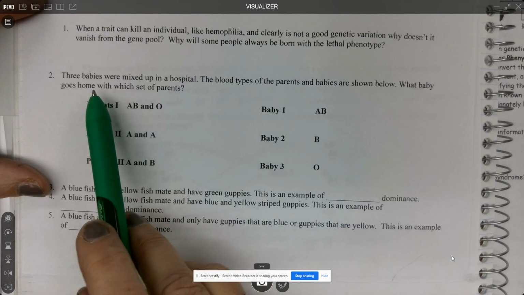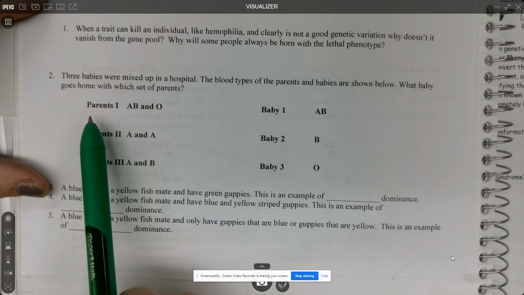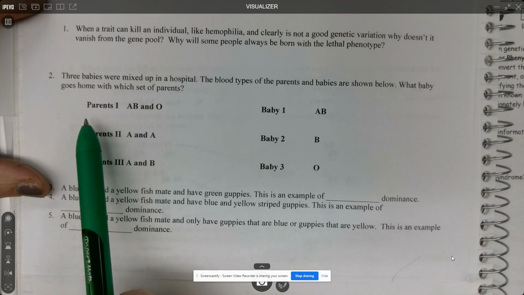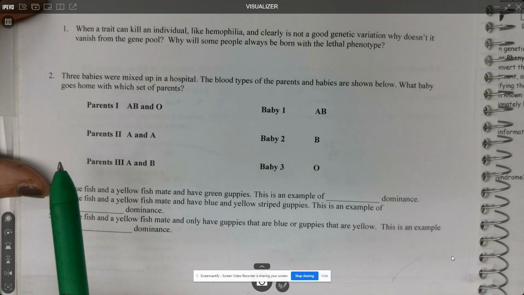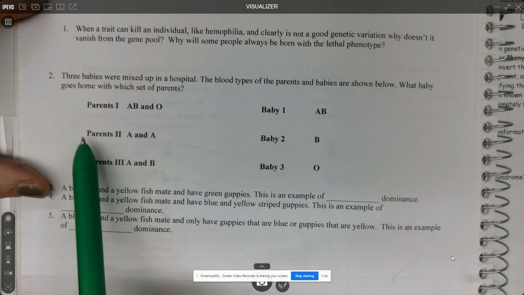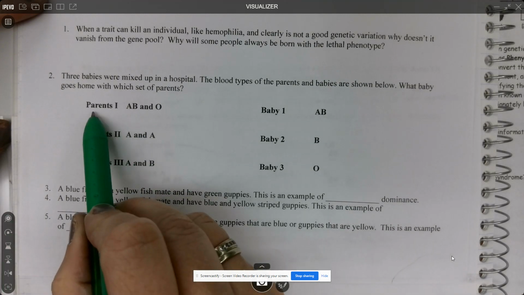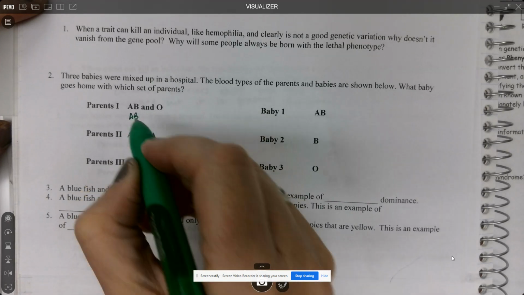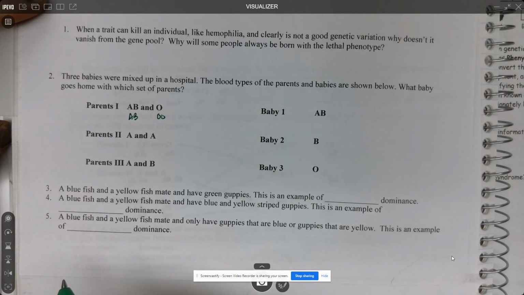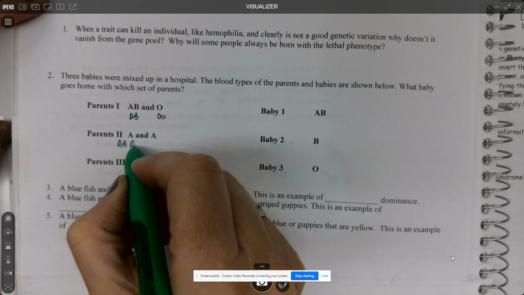So it says we've got 3 babies that were in a hospital and they got mixed up. We know the parents' blood types, but we don't know if they're homozygous or heterozygous for certain blood types. But every pair of parents is going home with a baby. So to start this, it says the parent in group 1 is an AB, which means that is its genotype, and the other a type O. Parents 2, we don't know if they're AA or AO.